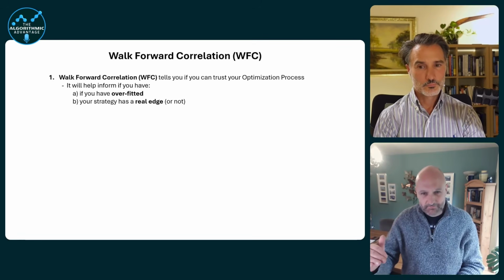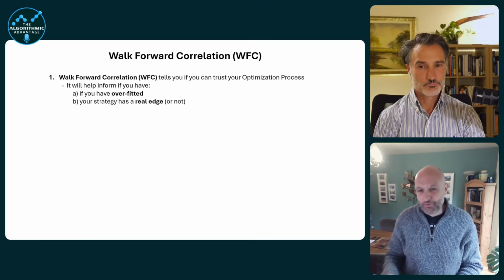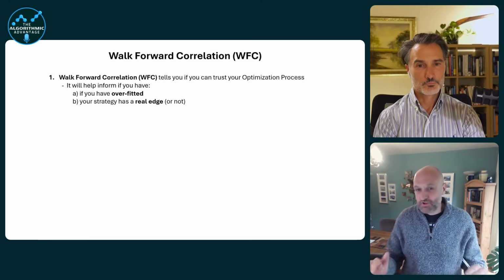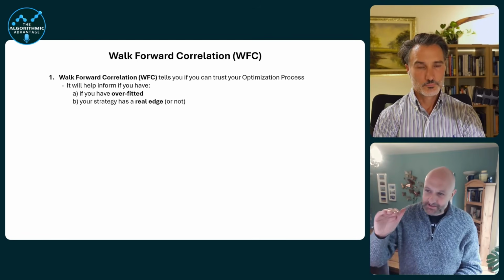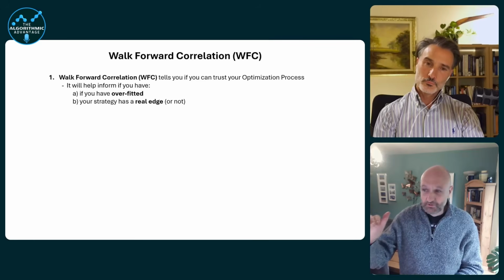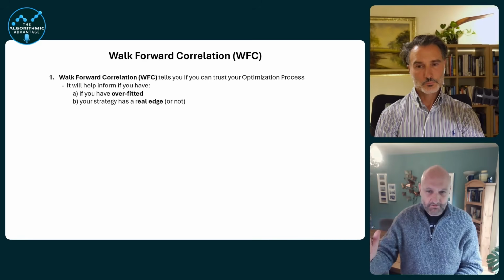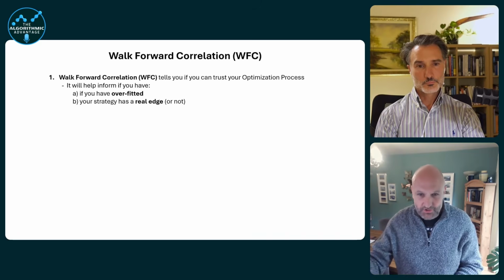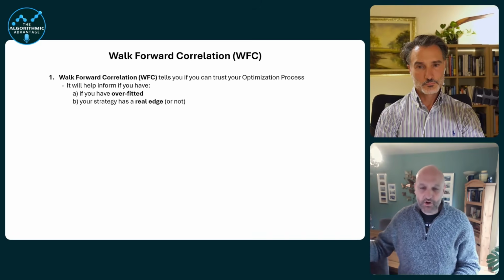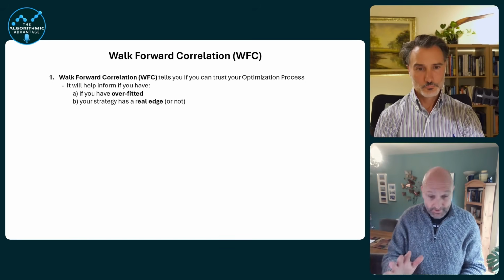You just got lucky that you chose a point that happened to perform well on out of sample data, but there was no real edge there. So walk forward correlation tells you, have I overfitted my model? And does my strategy have a discernible edge that I can then make valid decisions on to choose parameters that will work in out of sample and in the live account. That's what it does in a nutshell.